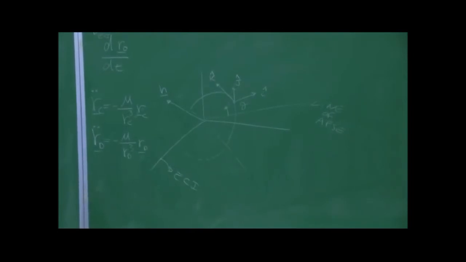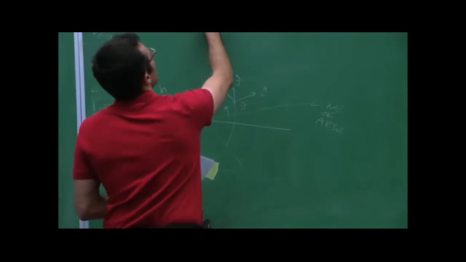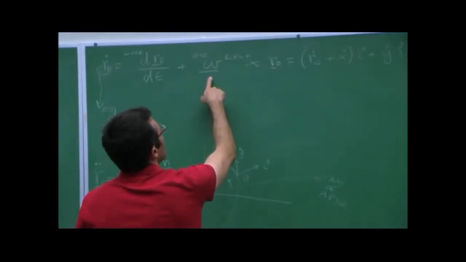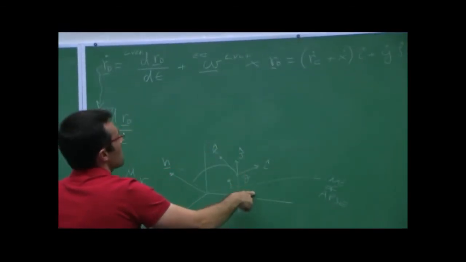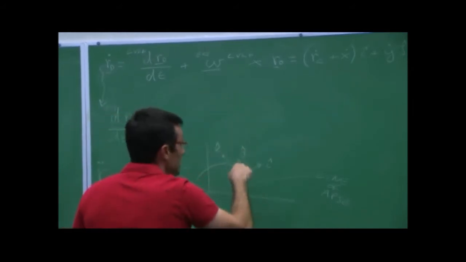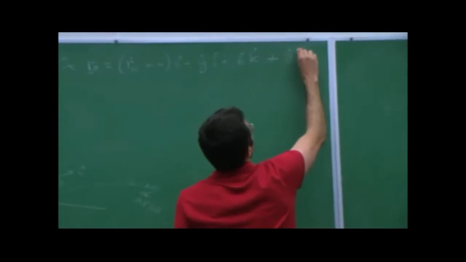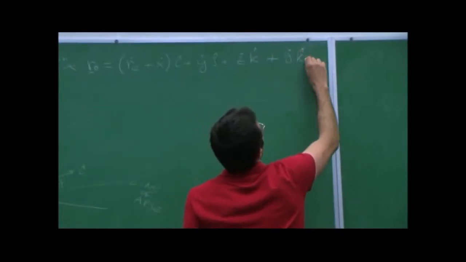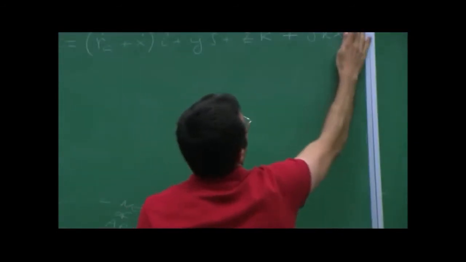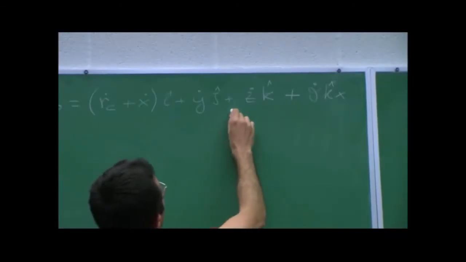Okay, so I'm going to ask you again, what is this? How do I write this in light of these observations projected in this basis, I, J, and K? Theta dot K. Yeah, that's all. Right? And now this is crossing. I can't fit it in here, but it's crossing.